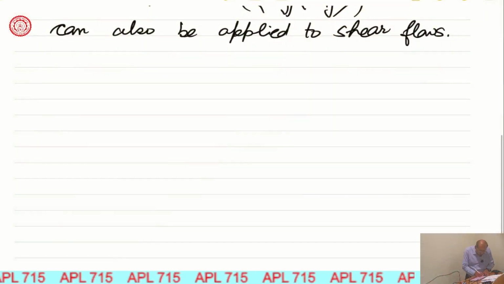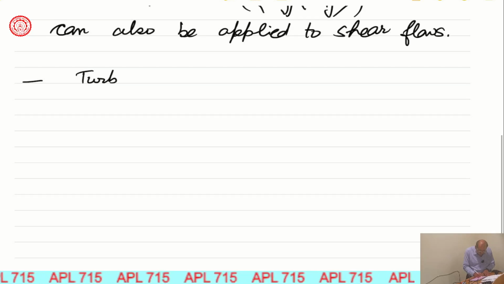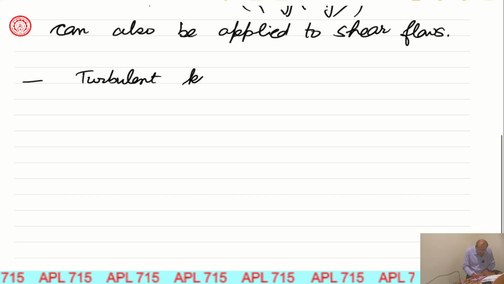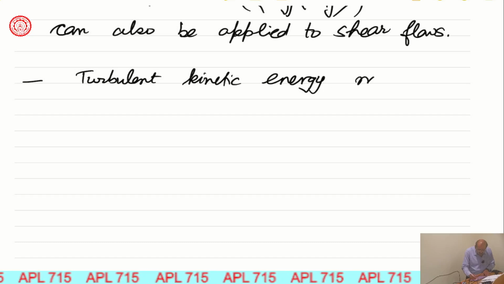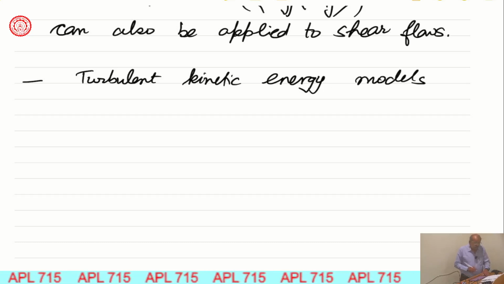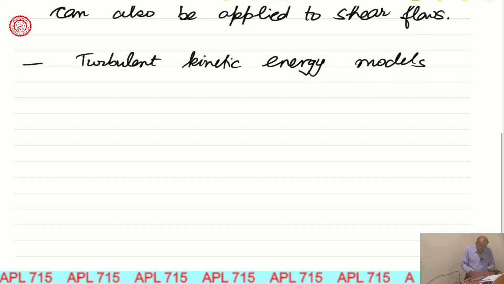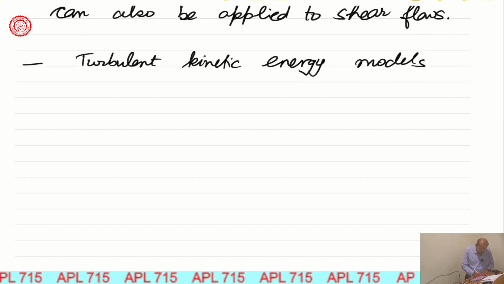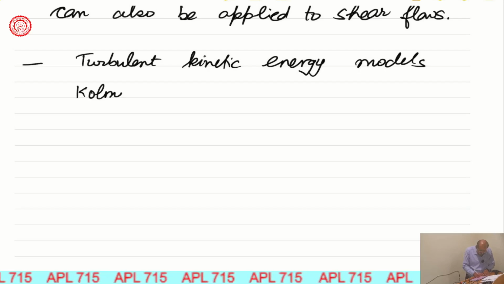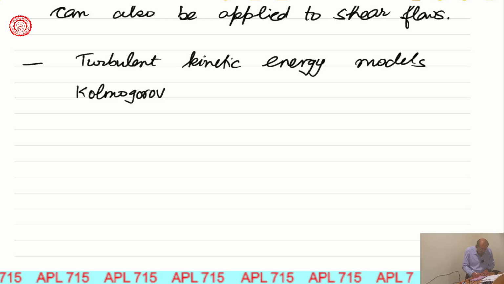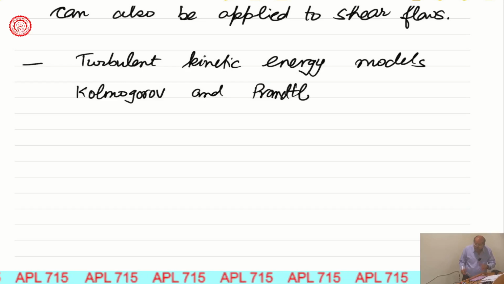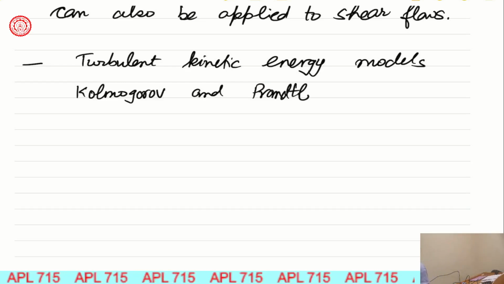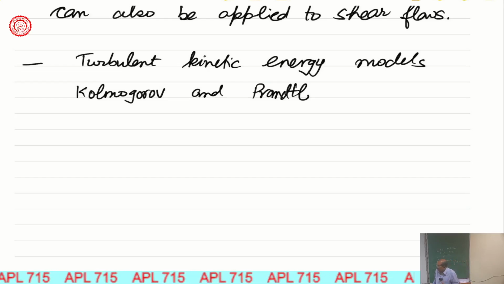Now comes the next stage of these models, which we call the turbulent kinetic energy models, mainly introduced separately by Kolmogorov and Prandtl.